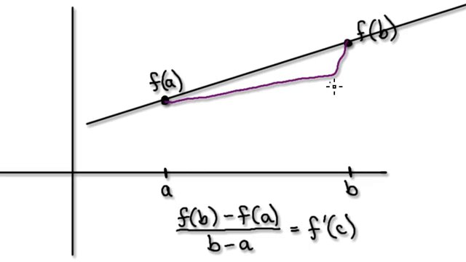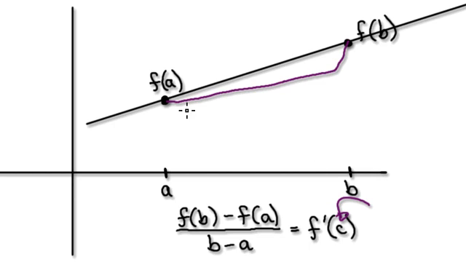So somewhere in between, I was doing well up to this point here. The gradient here is below the average gradient, but in order to join up with b, I have to get steeper. Therefore, there must exist a c somewhere in between.